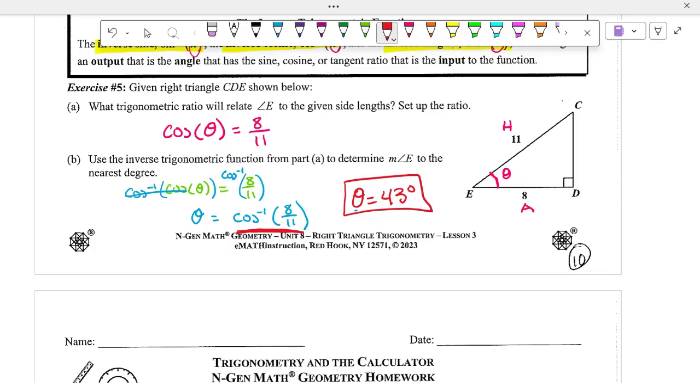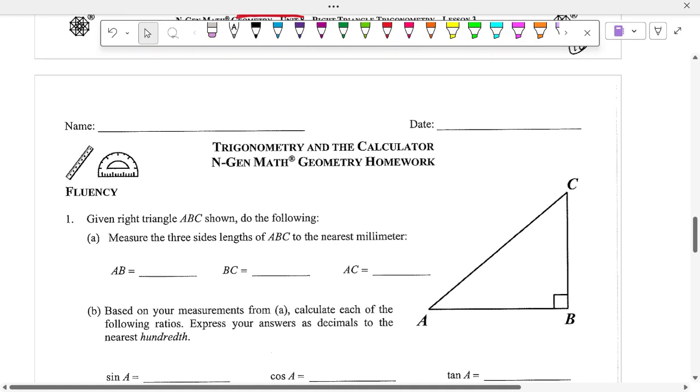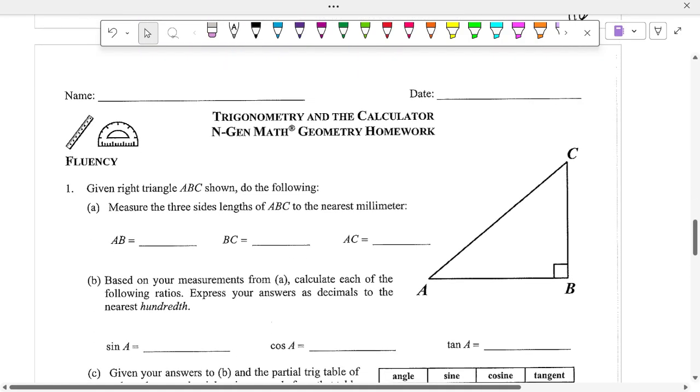All right. So your homework for tonight, and since we got about 20 minutes left, I'm going to come around and check the homework from last night and from Monday. But your homework for tonight is pages 11 and 12. Now, because number one has you do some measuring and you don't really have millimeters, I'm just going to give it to you.